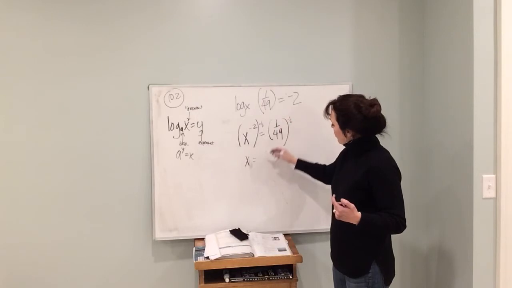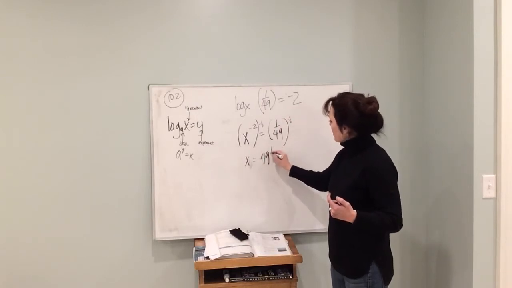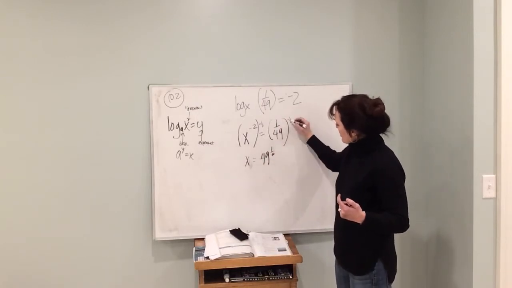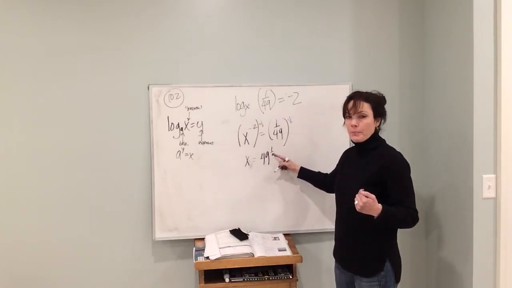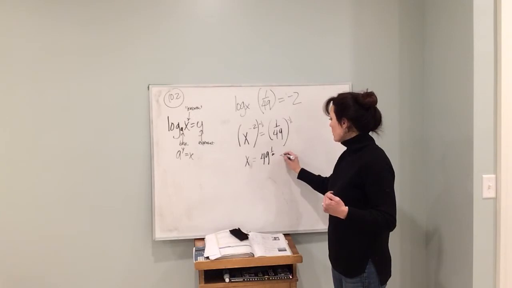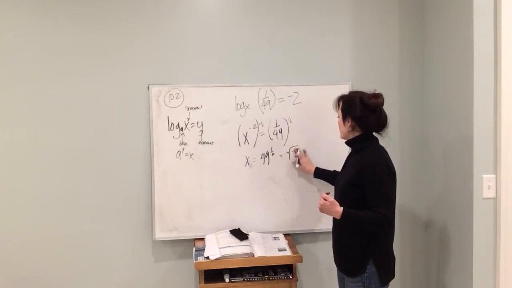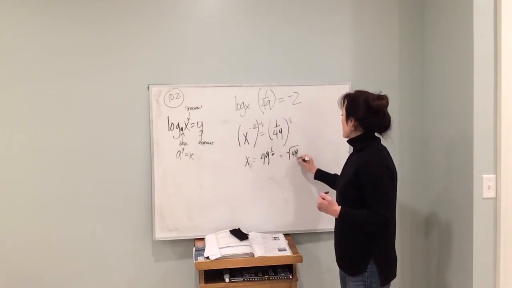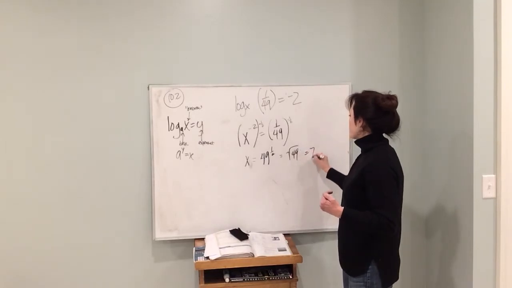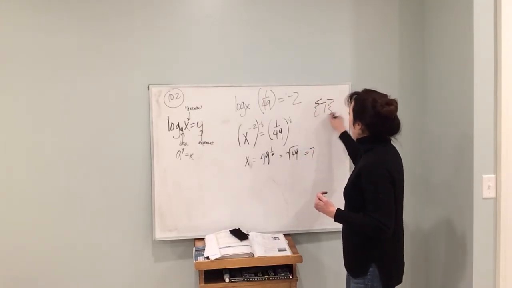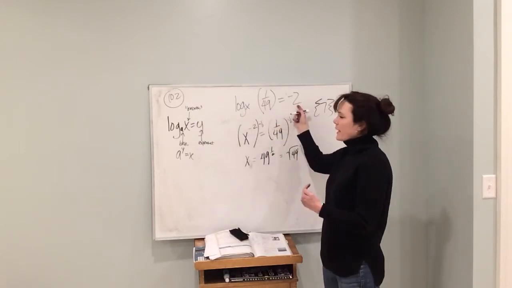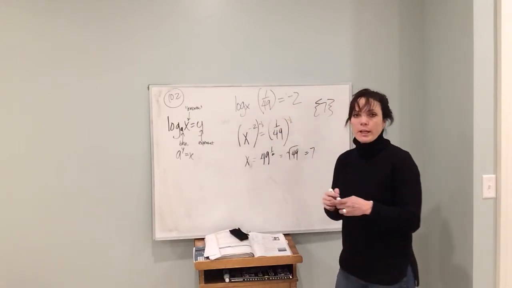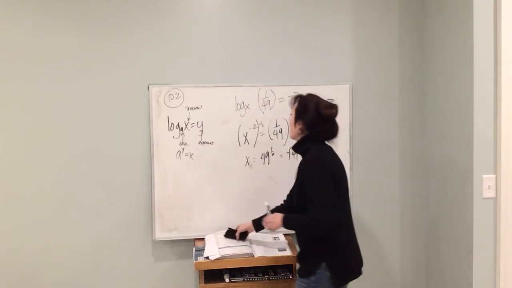If I apply the negative 1 exponent, this is 49 to the 1/2. And 49 to the 1/2 power, that's the square root of 49, and the square root of 49 is 7. So x equals 7. And you probably could figure that out: what number to the negative 2 power gives me 1 over 49? 7.